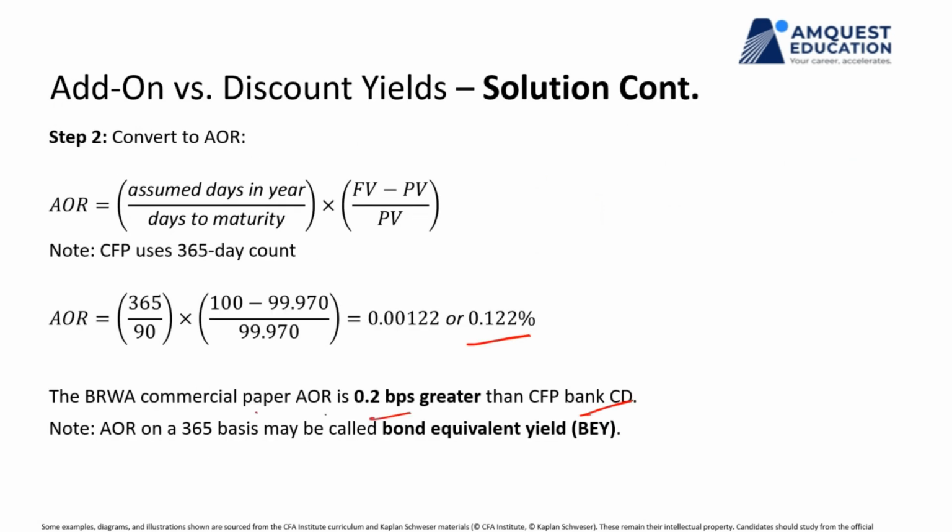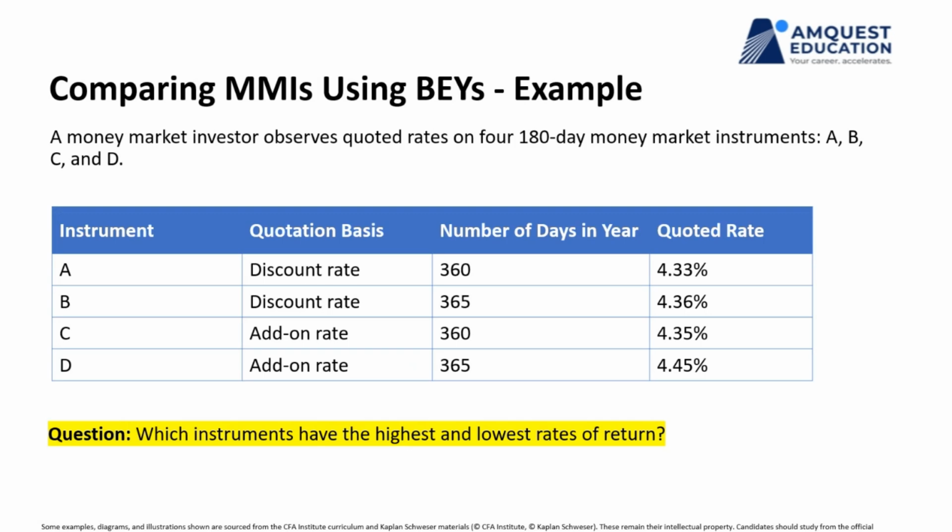These numbers largely say that the AOR is greater for the commercial paper than the certificate of deposit issued by the bank. Keynote, because AOR is a bond equivalent yield, it's based on 365 days. So until and unless you work in a bond market scenario, I don't know how relevant these yields will be for you henceforth. But from an exam perspective, obviously calculation is necessary because exams will test you on these calculation parameters.